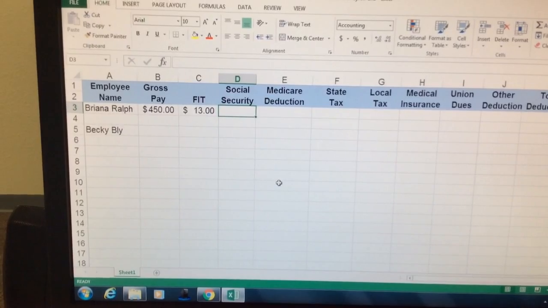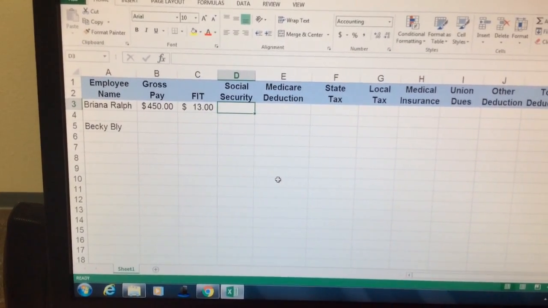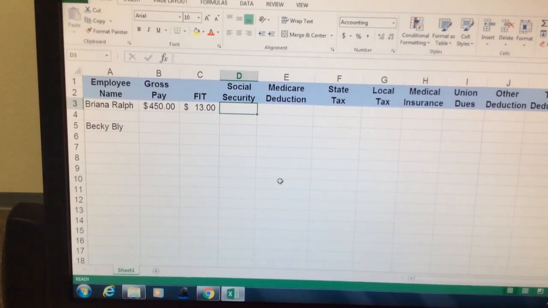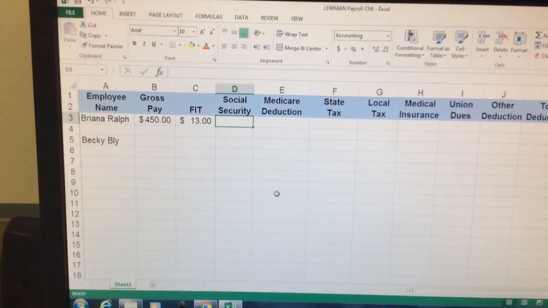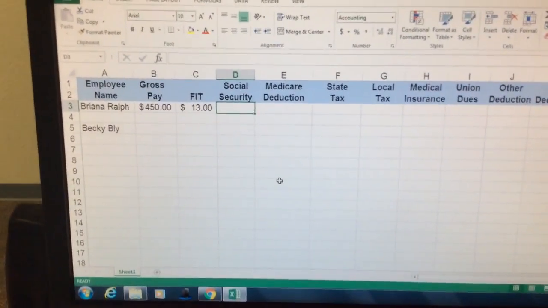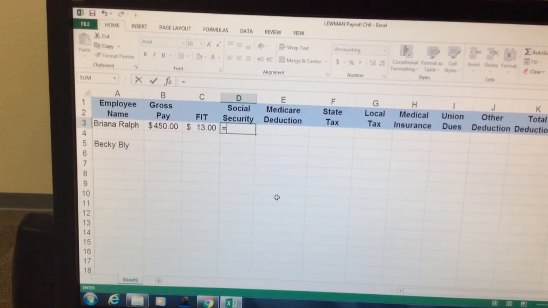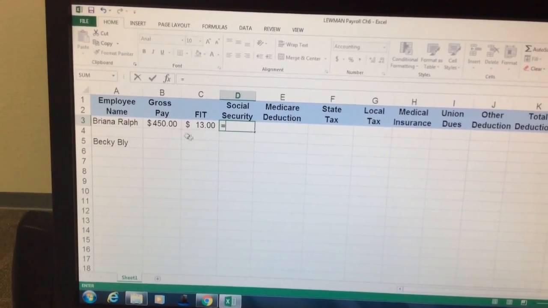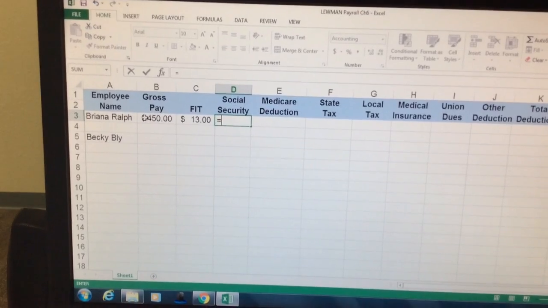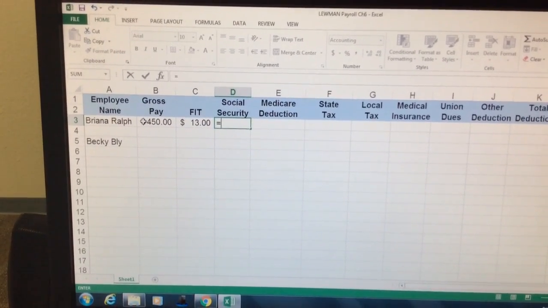Then you are going to figure Social Security, which at the top of your handout sheet for the assignment problems, Social Security is equal to... any time you use a formula in Excel, you go equals to tell Excel to do its function.